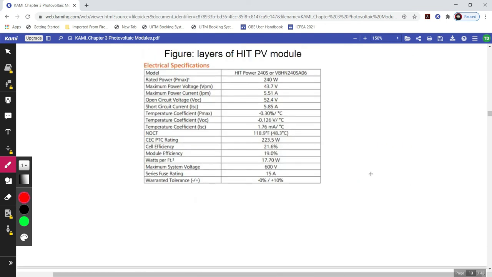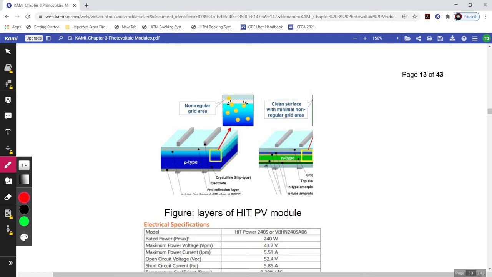So what happened to this HIT? The bottom layer will extract the heat. For example, we have a rooftop. So this one will extract or absorb the heat to produce electricity, and the above one will absorb the sunlight.